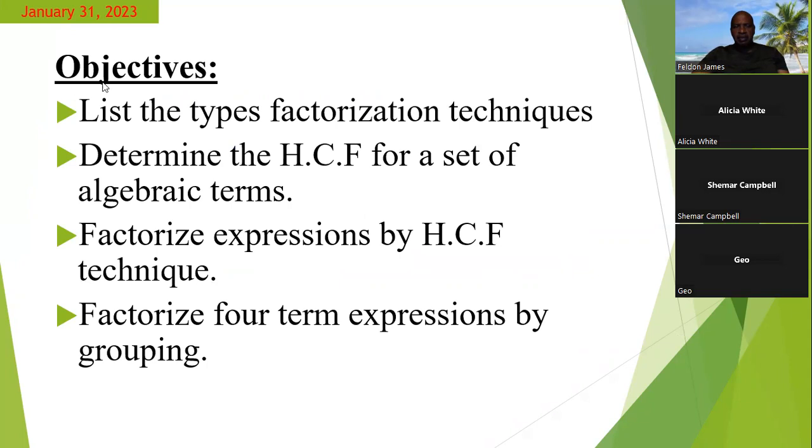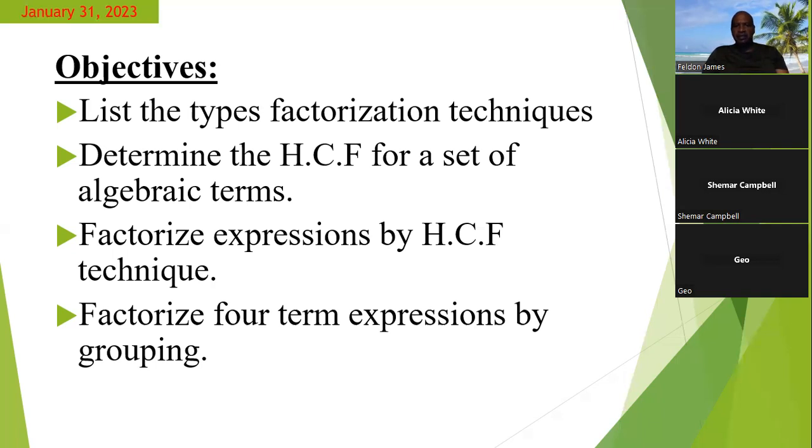The objective list here, and when we refer to objectives in any subject at all, objectives are tasks that you should be able to do as a student. So you should be able to list the types of factorization technique. You should be able to determine the HCF for a set of algebraic terms.